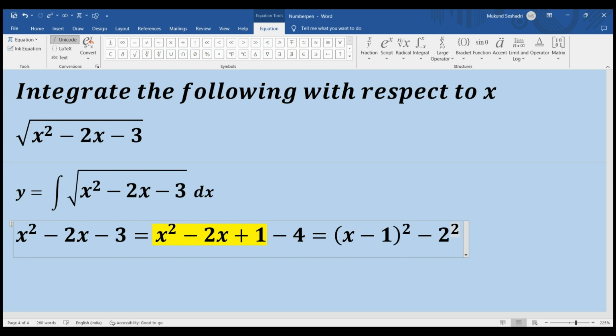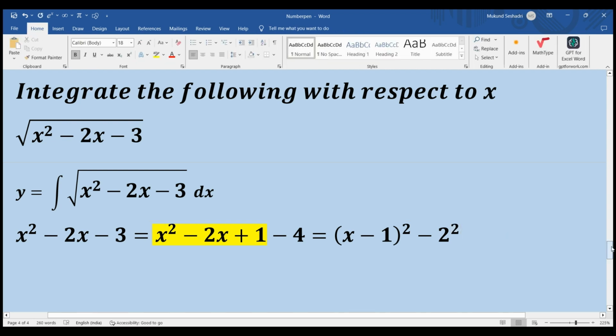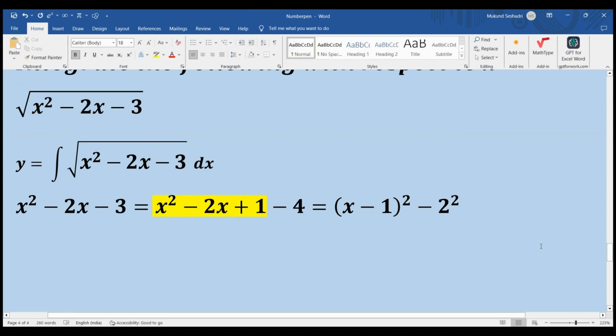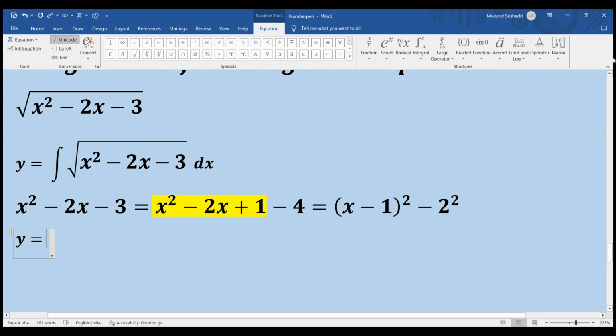So there we are. Now I'll go back to my y, and in place of x square minus 2x minus 3, I have this expression x minus 1 the whole square minus 2 square, right? So let's rewrite our y and then see how we can go about solving for that.